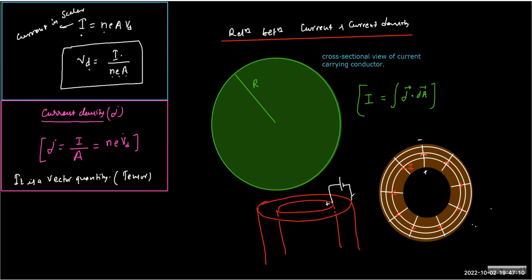Let's say I put this at high potential and this at low potential. Again, as you move away, it will increase. Yes or no? So do you realize the shape of the surface area for every current flow? In the case of a plane conductor, the current moves this way, no?